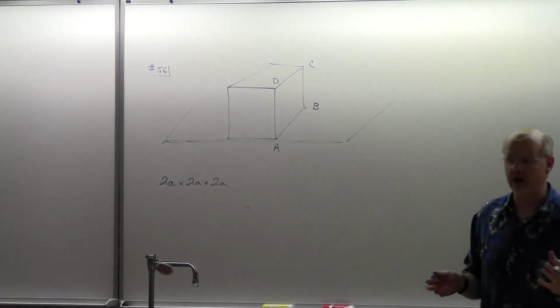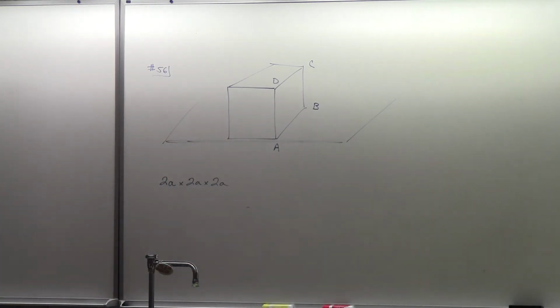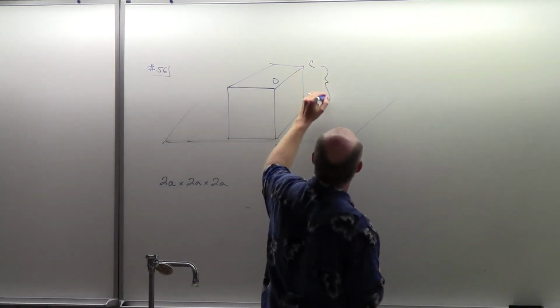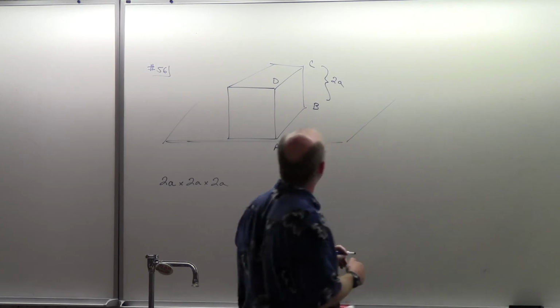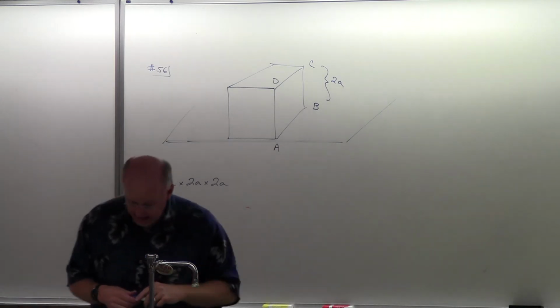Actually, they just say the sides are 2a, but it's a cube, so make sure you caught that. Maybe I'll get that out of the way by putting the dimensions back there. So it's 2a.